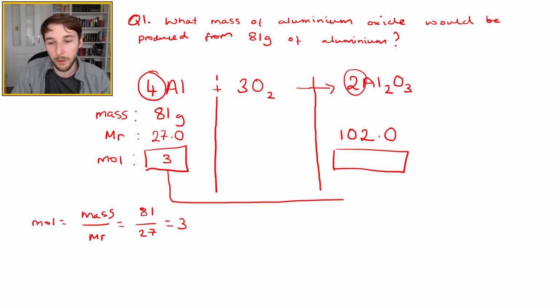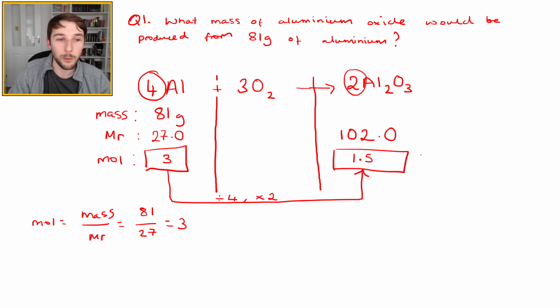So what I'm going to do with this number to take it across is first divide it by the number in its own column, which is a 4, and then multiply that by a 2. So dividing 3 by 4 and then multiplying by 2, that will give you an answer of 1.5. So we've got 1.5 moles of the aluminium oxide being produced there.